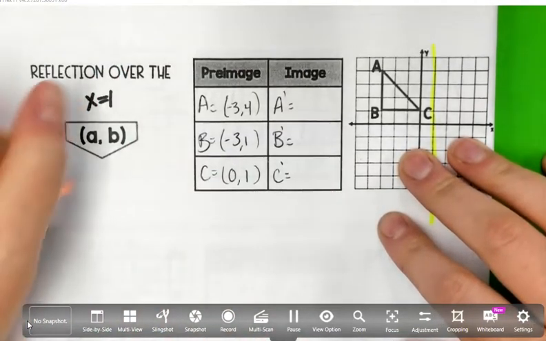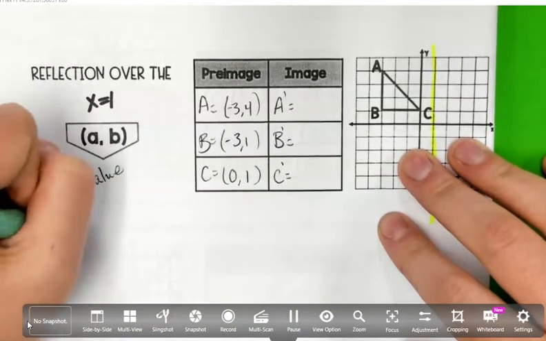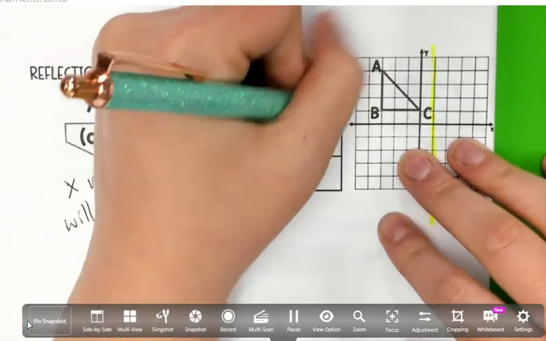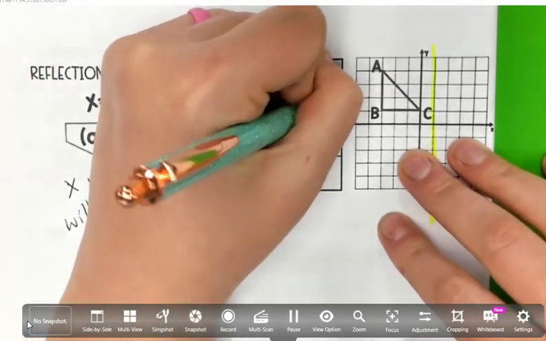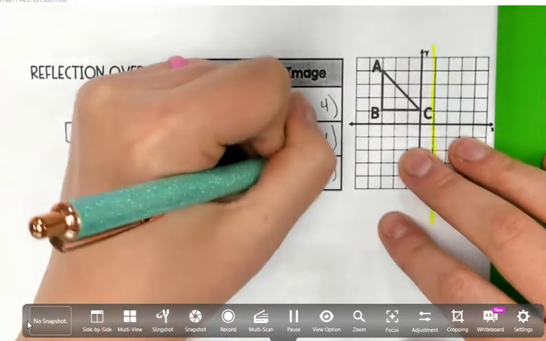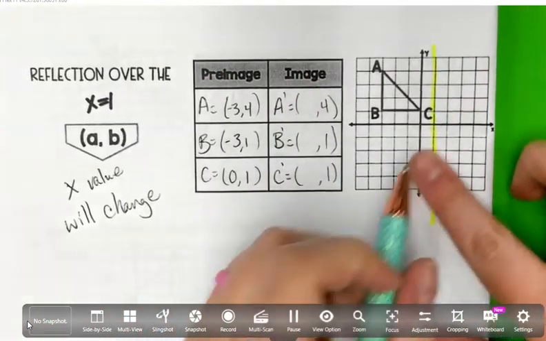So you can kind of deduce that the x value will change and the y will not. If you want to go ahead and write your y values in, you can, because they're not changing. The x values will change, however.